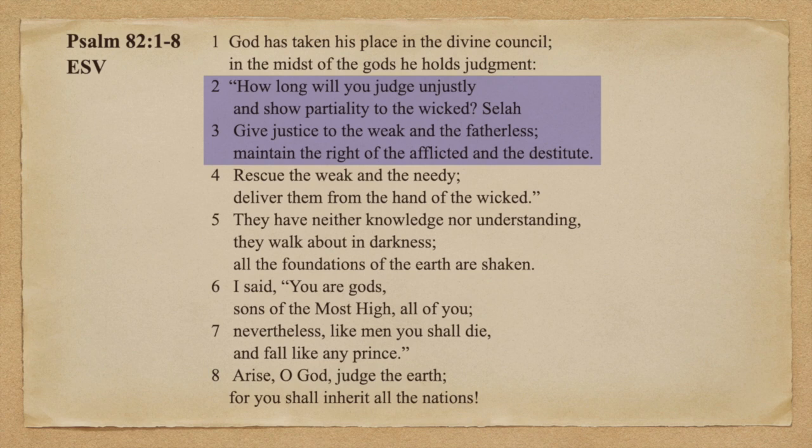Vindicate the weak and fatherless, do justice to the afflicted and destitute. Yahweh is standing in the midst of his divine counsel and rendering a judgment to them because they have failed to carry out his will. Okay. And so he's telling them they've failed and now they're going to be judged.